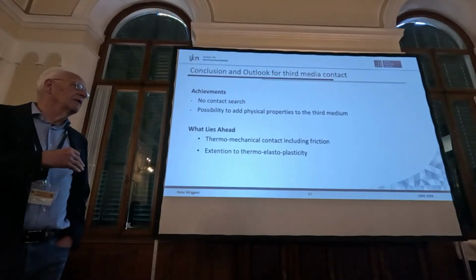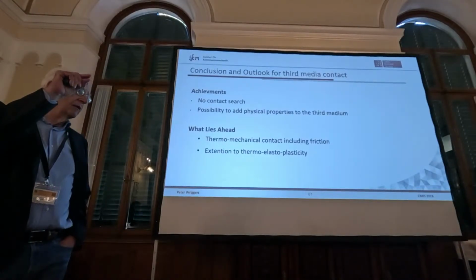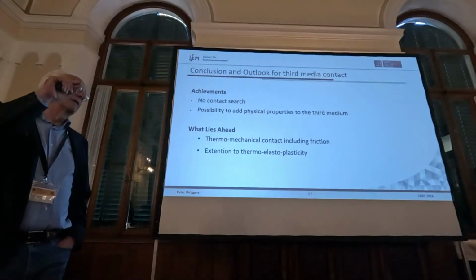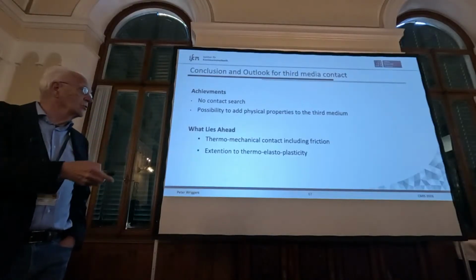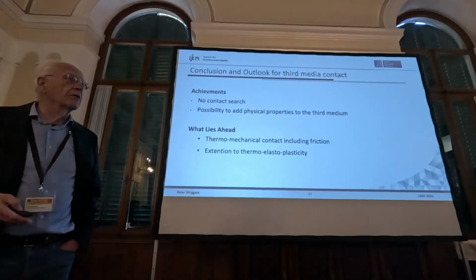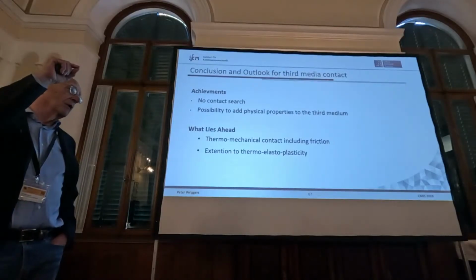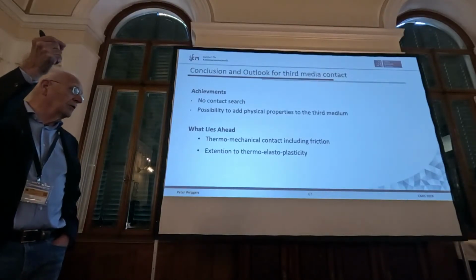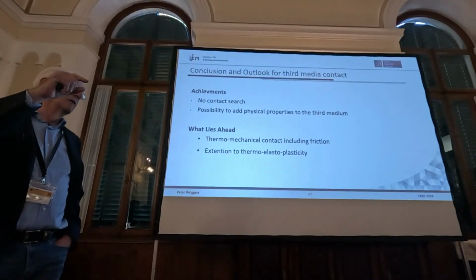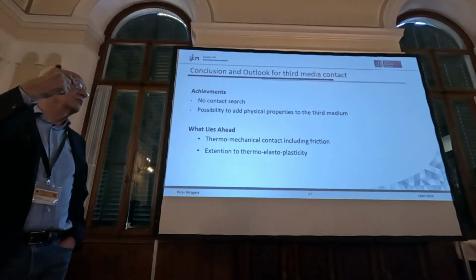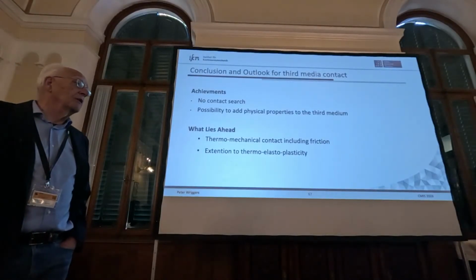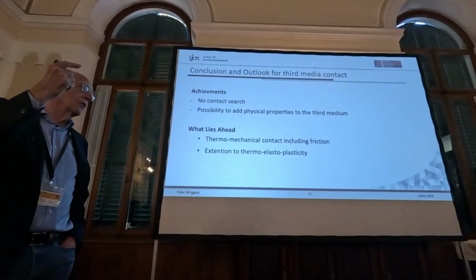Well, if you want to fulfill the gap condition, maybe I showed it several slides ago, the smaller the gamma is, which is a constitutive parameter, the smaller the gap will be. If it's too small, then you run into problems because of ill conditioning of your system, so you cannot solve that.